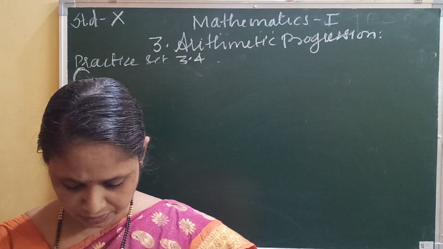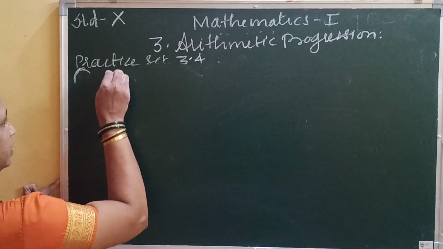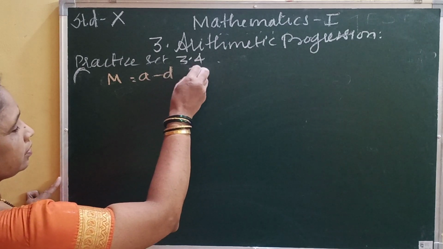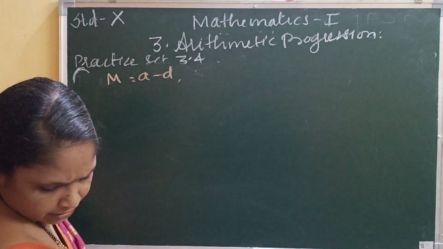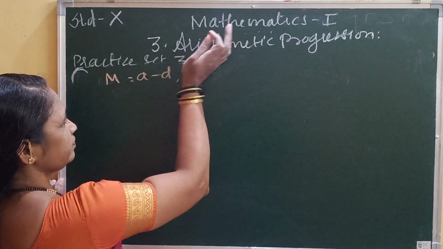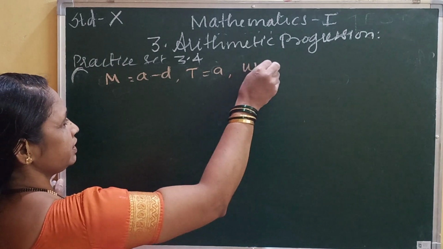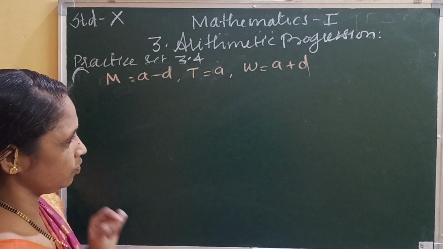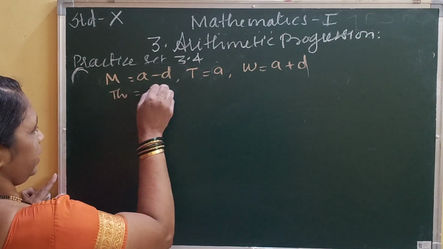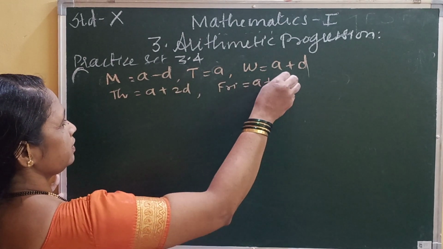Suppose we consider Monday's temperature as A minus D. Tuesday's temperature is A. Wednesday's temperature is A plus D. Thursday's temperature will be A plus 2D. Friday's will be A plus 3D.